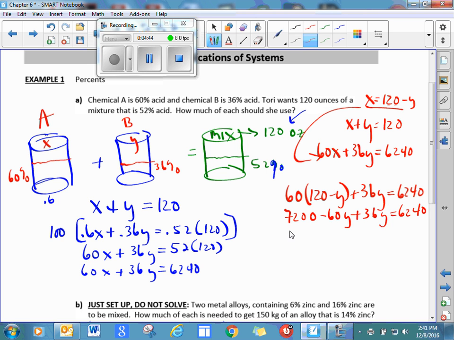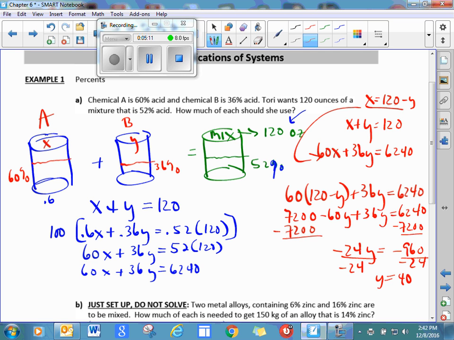So I'm going to go ahead and subtract the 7200 from both sides. And then I'm going to collect like terms here, and I'm going to get minus 24y equals minus 960. Divide both sides by negative 24, and you end up with y equaling positive 40.